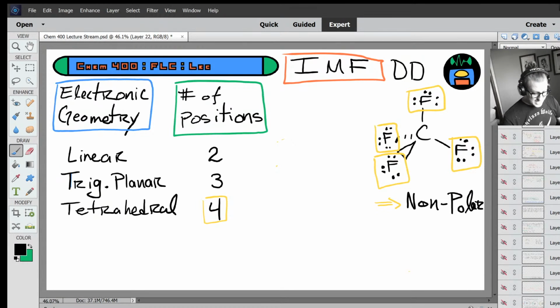If you replace even one of these with something else that's not fluorine, so for example, I'm going to do CH3F. So we'll throw 1 fluorine on there.